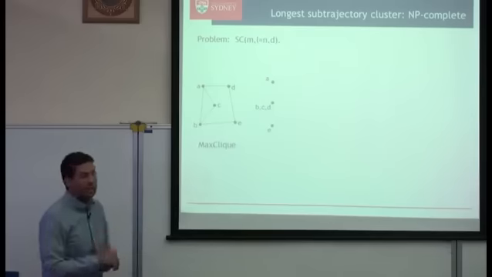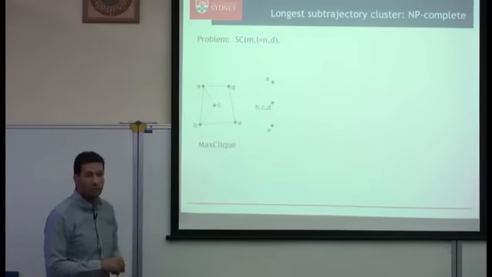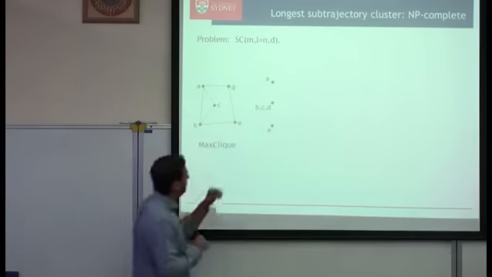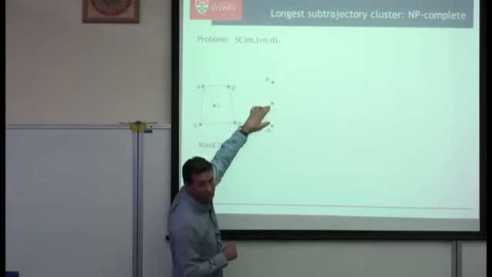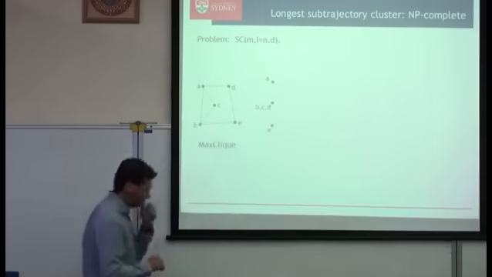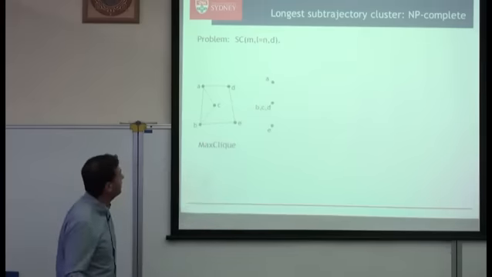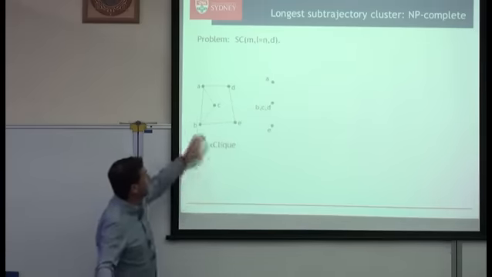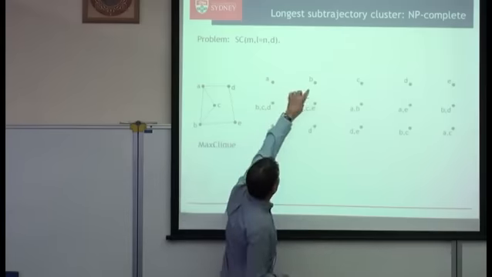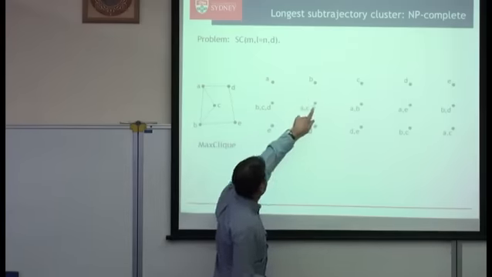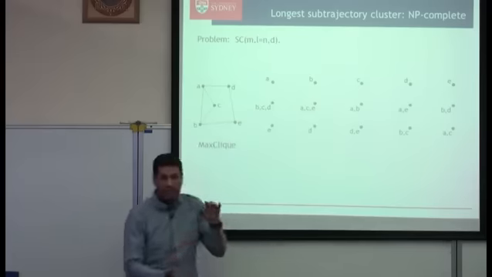Let's assume that I want a Frechet distance of 1. I should maybe be more clear: this is distance D, this is distance D. And then I do this for every vertex in the graph. Here I put B. B is connected to A, C, and E, so I put A, C, and E at distance D below.